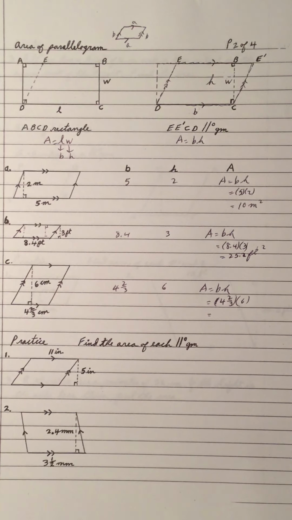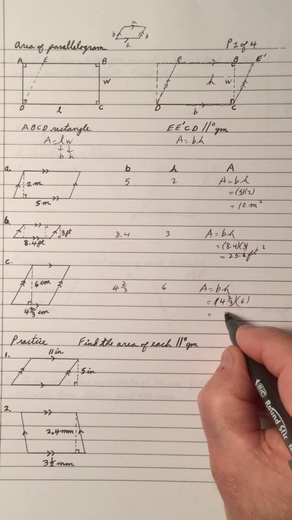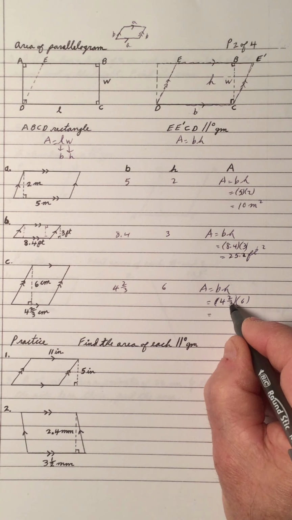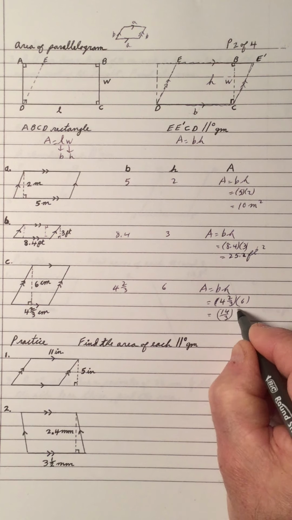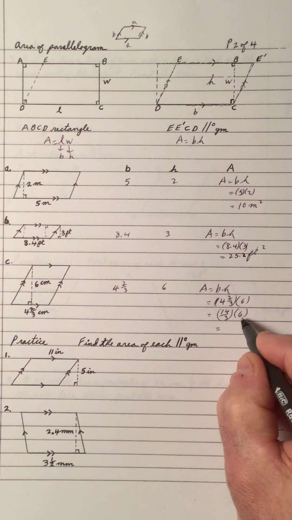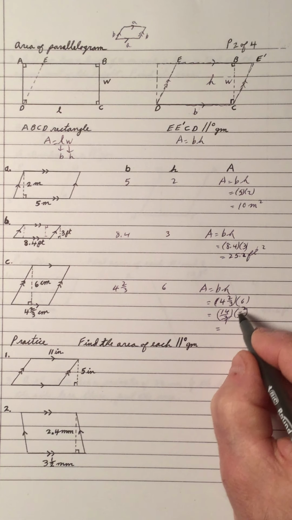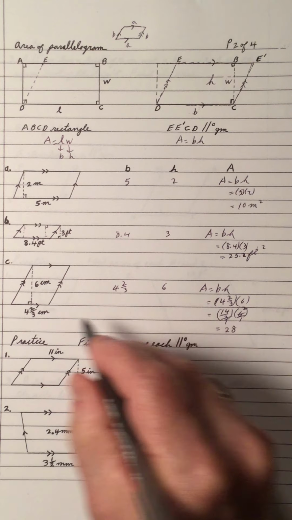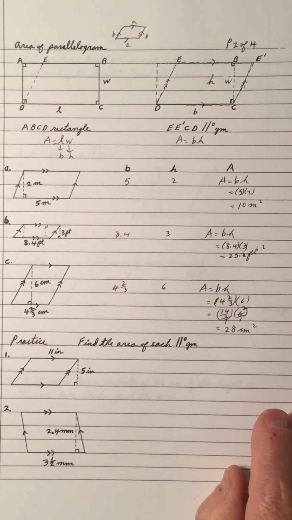When we multiply, we change the mixed numeral to an improper fraction: 4 times 3 plus 2 is 14/3. And we cancel, because 6 is over 1. 3 into 3 is once, 3 into 6 is 2. So it's 2 times 14, which is 28. And we have centimeters, so we have centimeters squared.